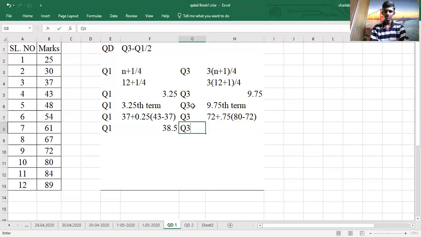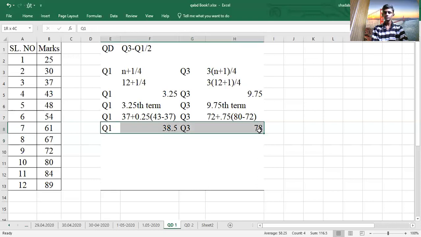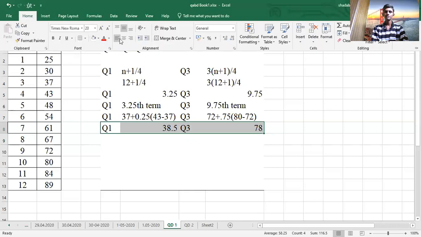Now Q3 equals 72 plus 0.75 times (80 minus 72, that is 8). We will get 78 as the Q3 value. After getting this, the rest is very simple.